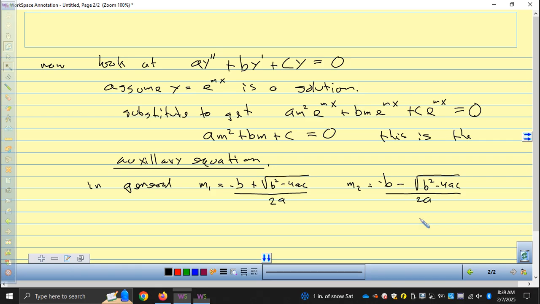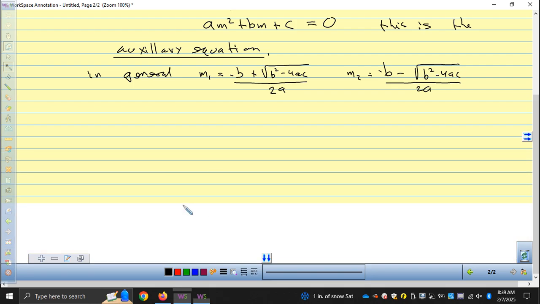So we get our two constants, our two parameter family of solutions. And our solution is y equals c1 e to the m1x plus c2 e to the m2x.